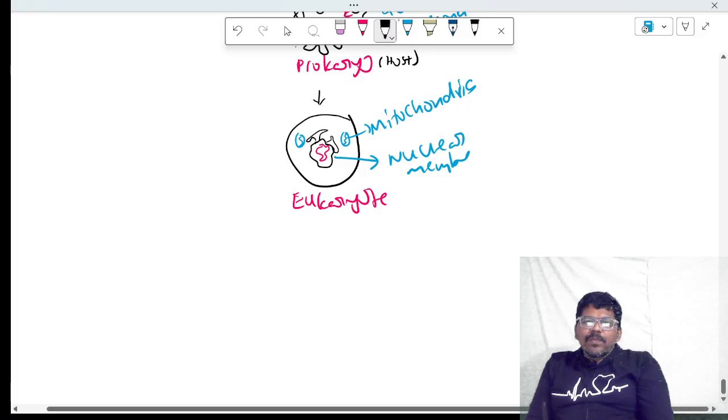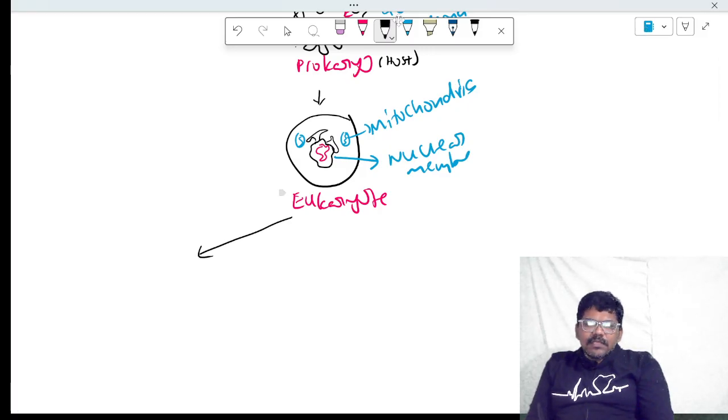Later, how are plant cells formed? This eukaryotic cell without chloroplast leads to the formation of animals, fungi, etc., which are eukaryotes without chloroplast. How is chloroplast formed?